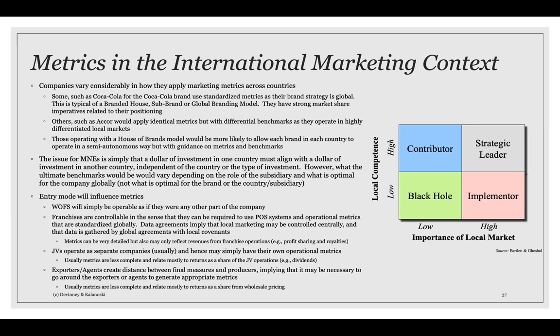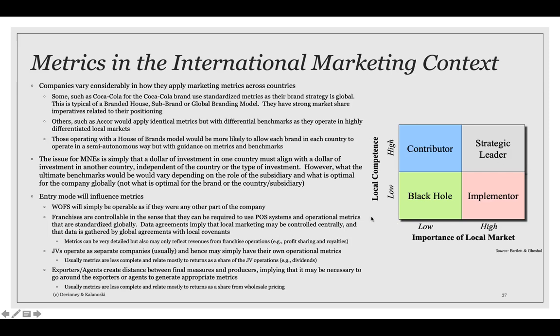So it is horses for courses in that sense. The nature of the operation is going to affect this, whether you're using these metrics internally within a wholly owned subsidiary, whether you're doing it via franchising, whether you're measuring it across agents and on down the line.